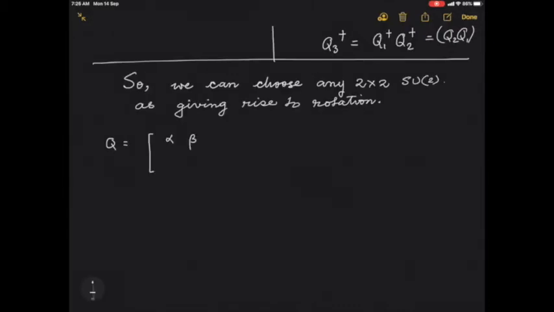So remember now, Q we are representing, you can write it in terms of 4 parameters: alpha, beta, gamma, delta. Or in terms of 2 parameters, alpha, alpha star, beta, beta star, with alpha alpha star plus beta beta star equals 1.